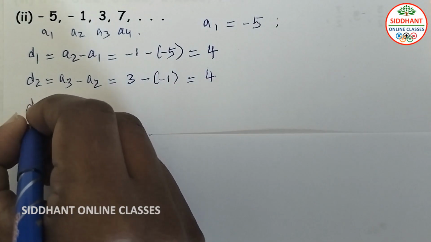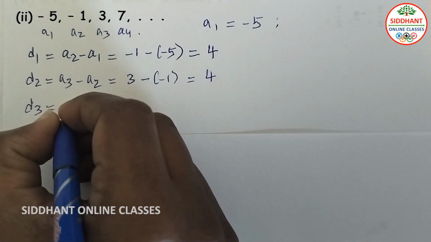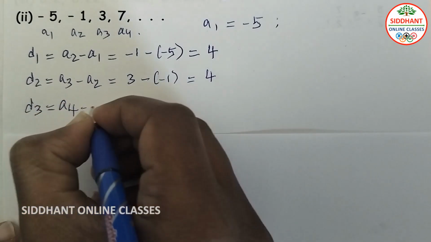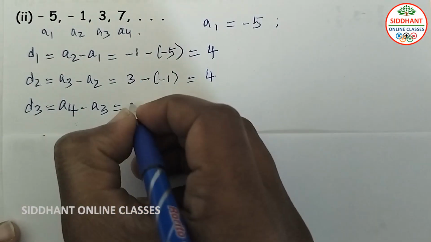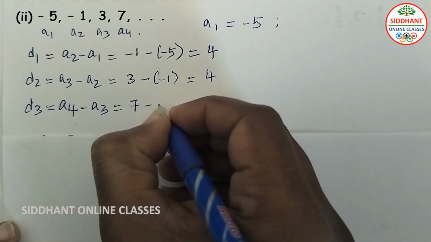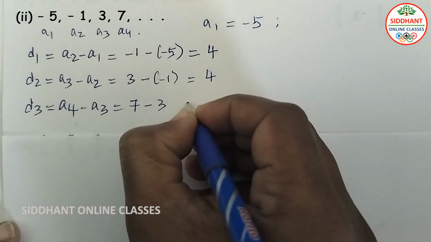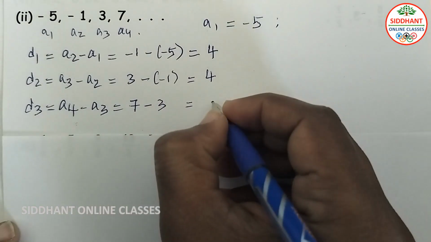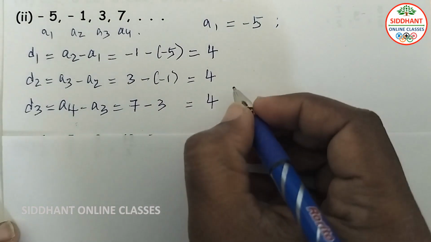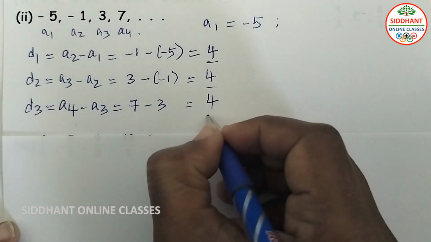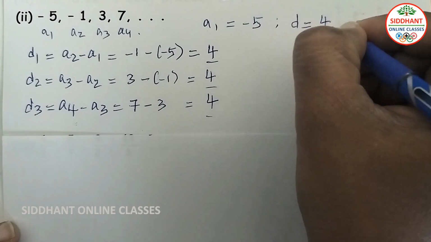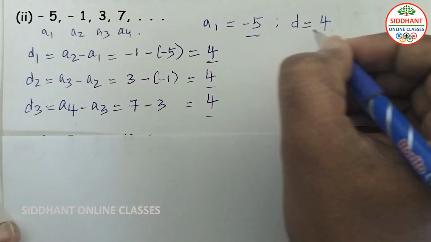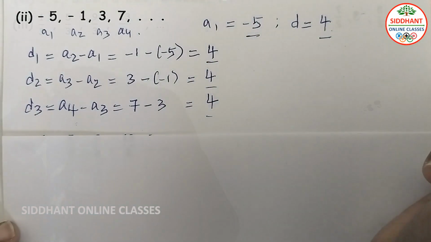And D3, which is A4 minus A3, that equal to A4 is 7 here and minus A3 is 3, that equal to 7 minus 3 which is 4 here, and we get a common difference which is 4 here. So D is equal to 4 here. So A is minus 5, D is 4.